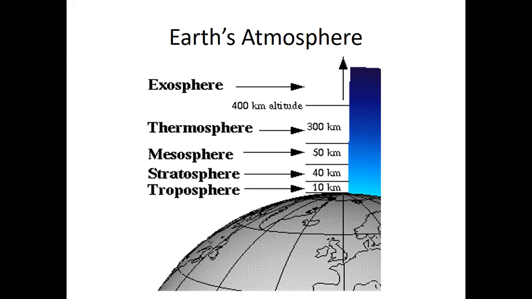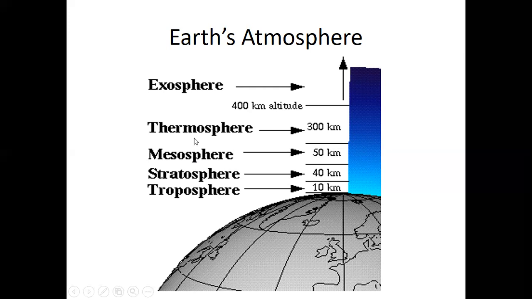The Earth's atmosphere can be divided into five main layers. Excluding the exosphere, the atmosphere has four primary layers: troposphere, stratosphere, mesosphere, and thermosphere.